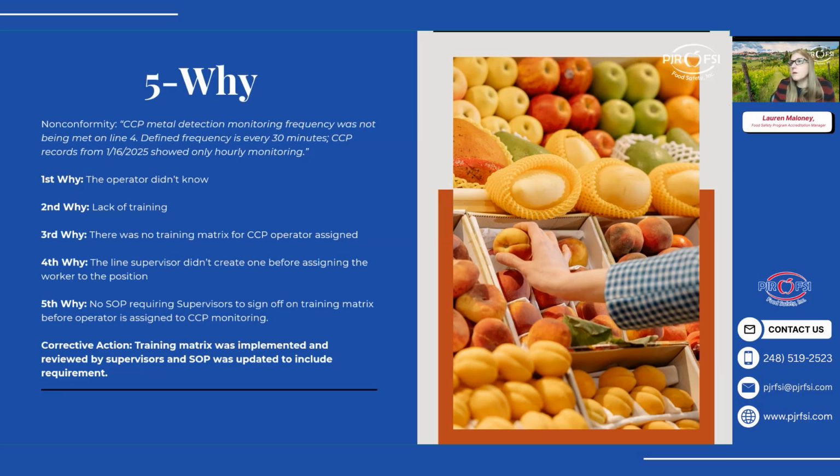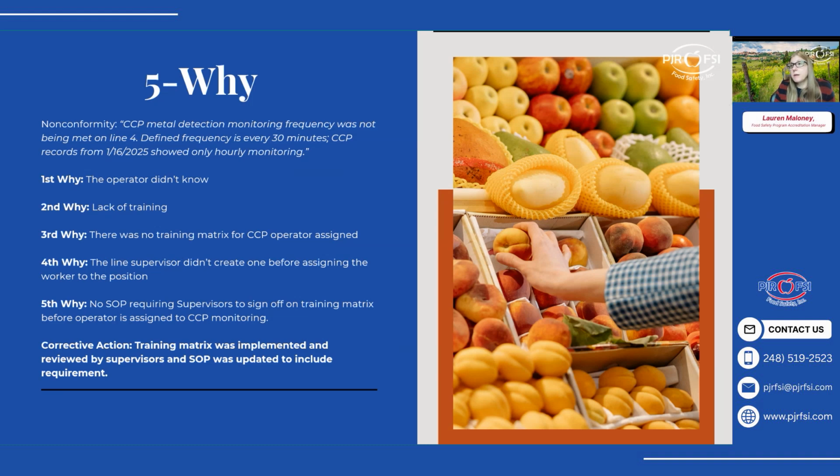So we go to the third why. There was no training matrix for the CCP operator assigned. So how do we know that the operator is getting the correct training and that there's a verification that they understand the information that is required of them?